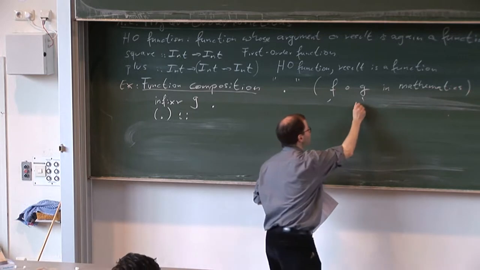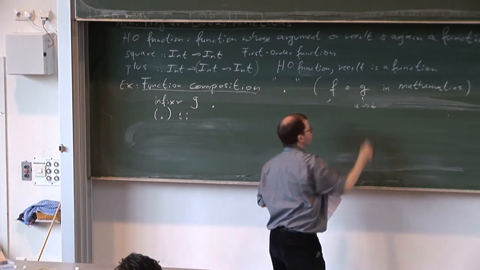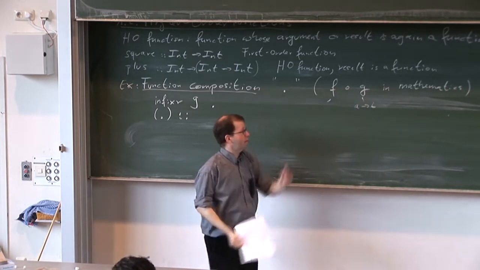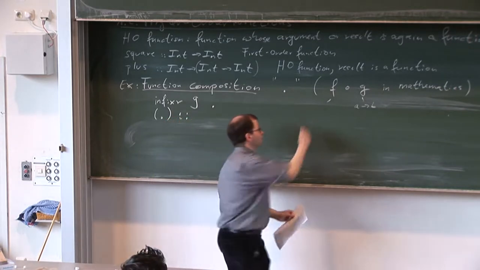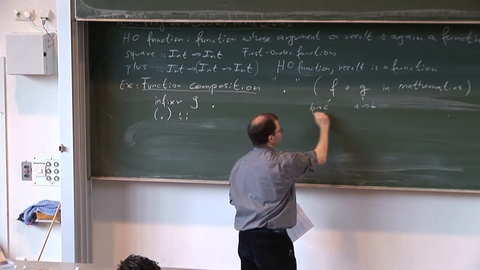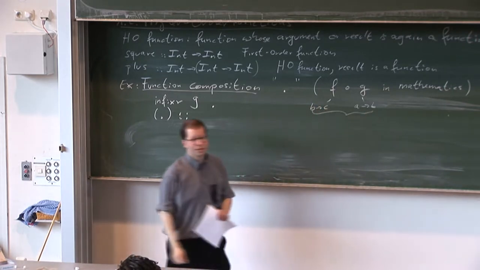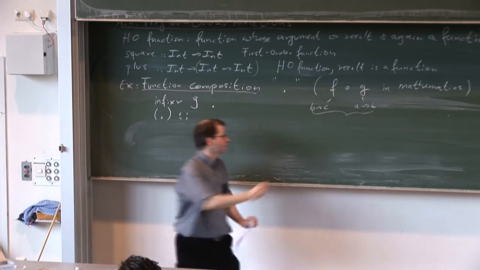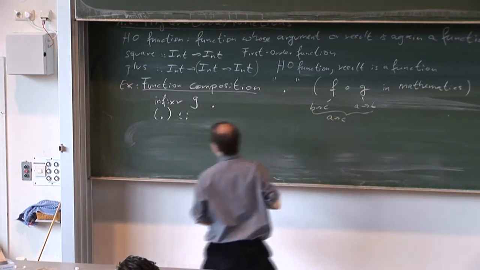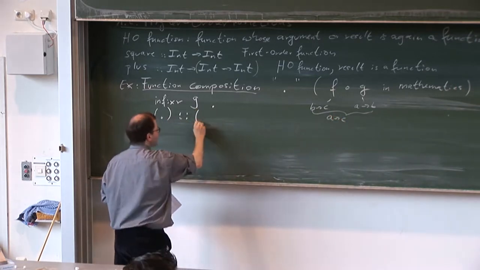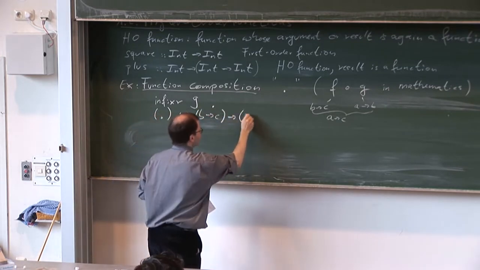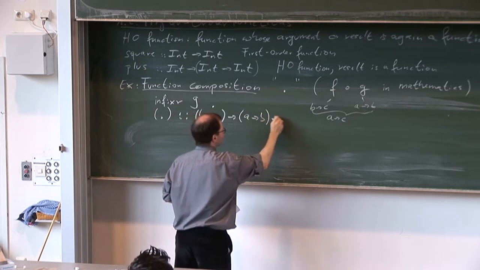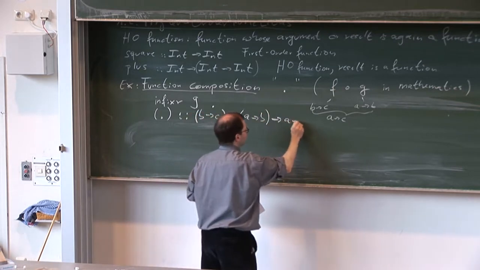Now suppose G has type A to B. Then what should be the type of F? B to C, right? And what would be the type of the result? A to C. Okay. So the type of this is F has the type B to C, G has the type A to B, and the result will have the type A to C.